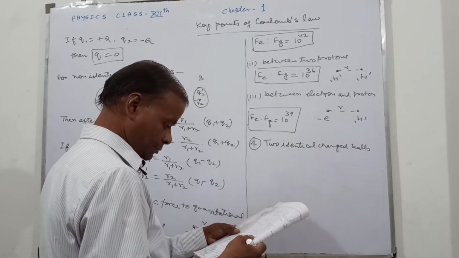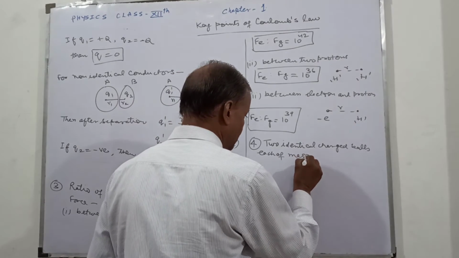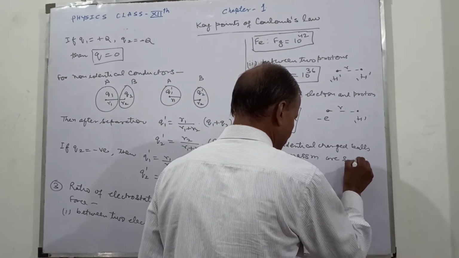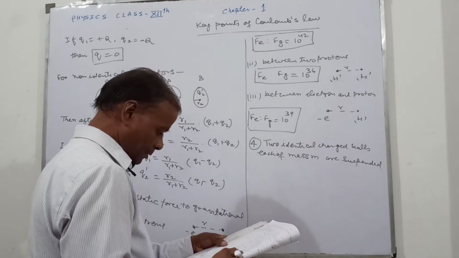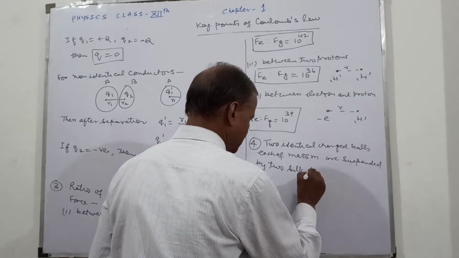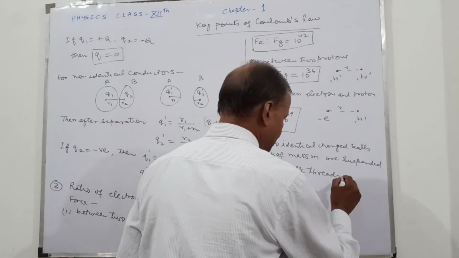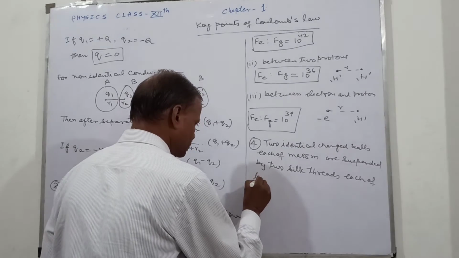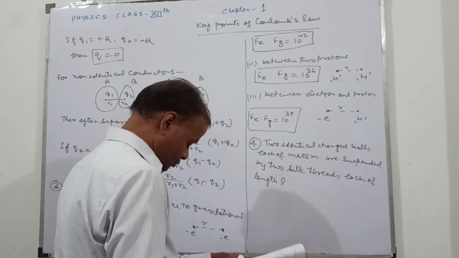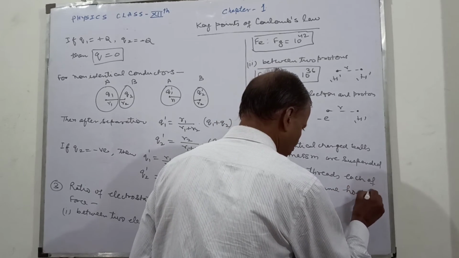Two identical charged balls, each of mass m, are suspended by two silk threads, each of length L, from the same hook.